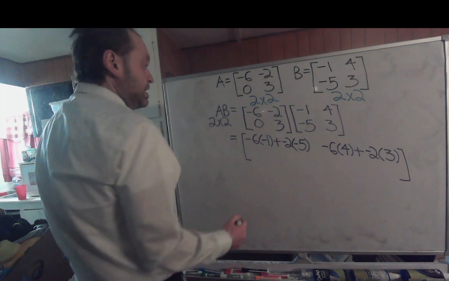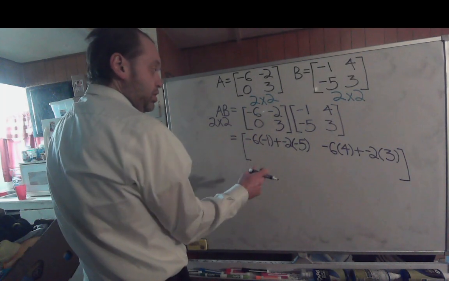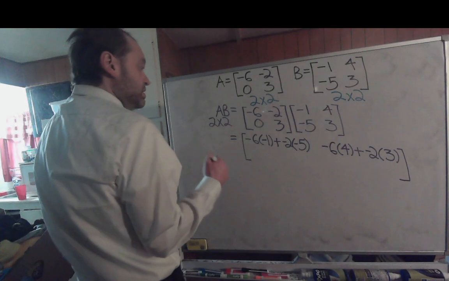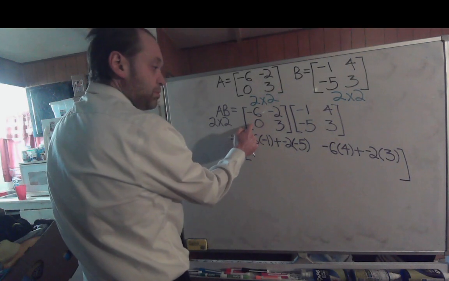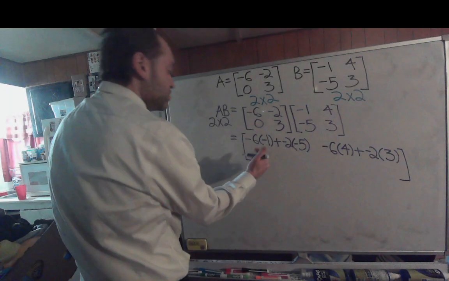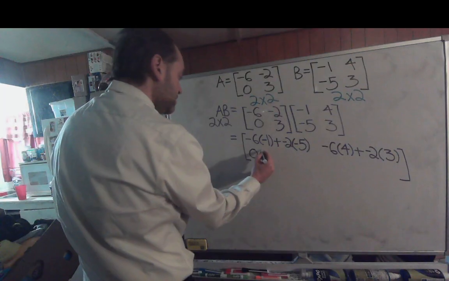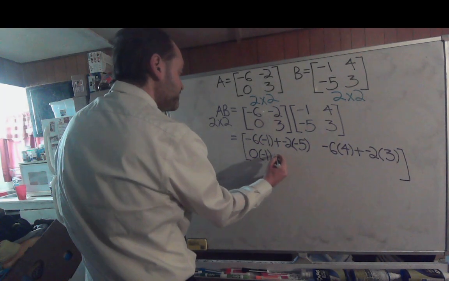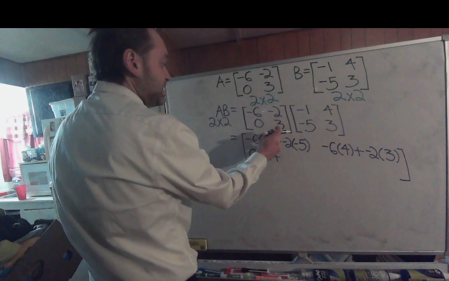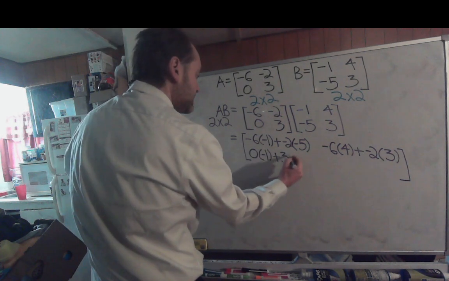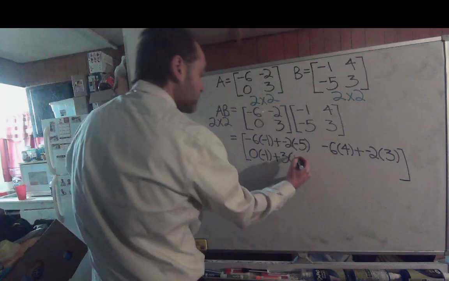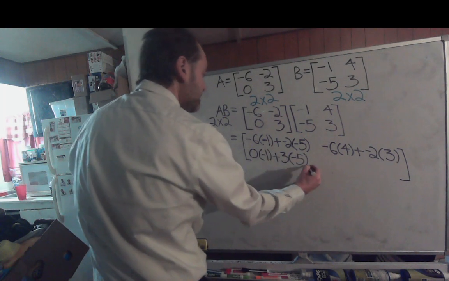Now, to get the next row, you're going to take the first number in the second row, which would be 0, times the first number in your first column, which would be negative 1, plus you'll take that second number in your second row of 3 times the second number in your first column of negative 5.